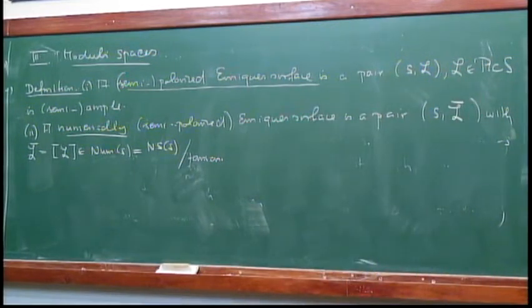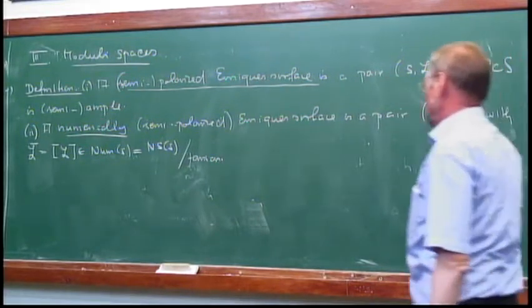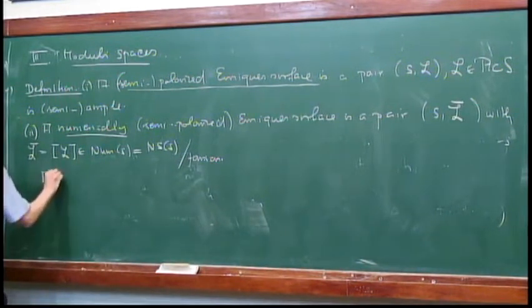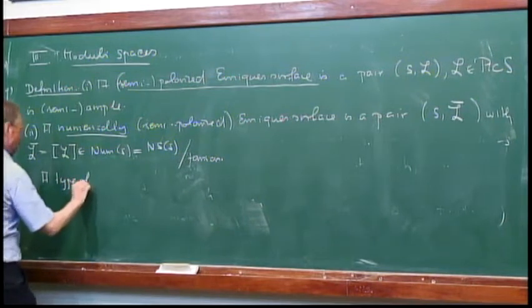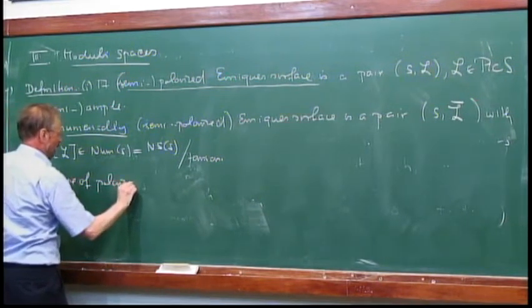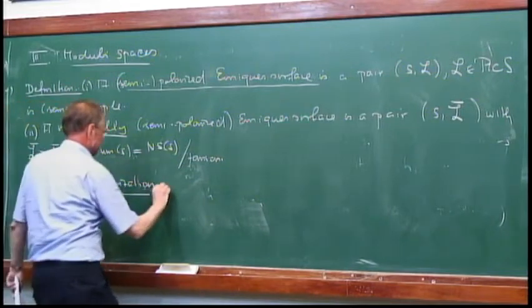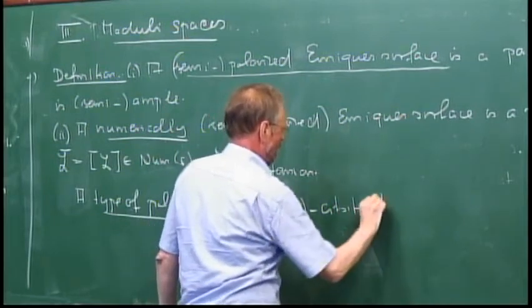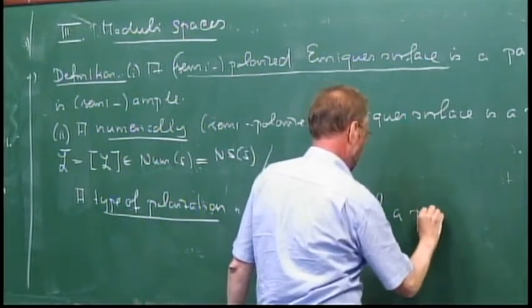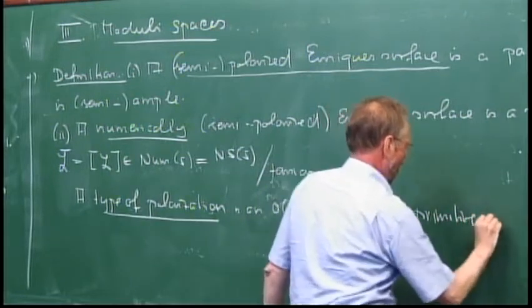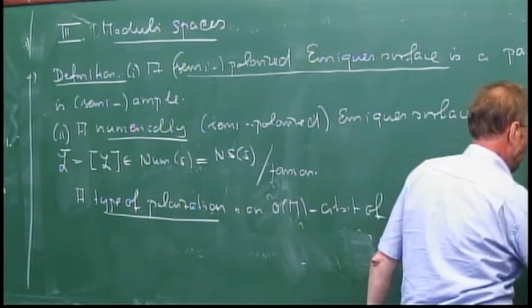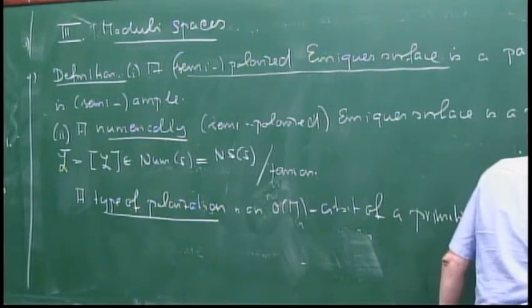And we are asking about moduli spaces in the usual things, so I should tell you what the type of the polarization is. It is an OM orbit of a primitive vector H in M1/2, which is U plus E8 minus 1.